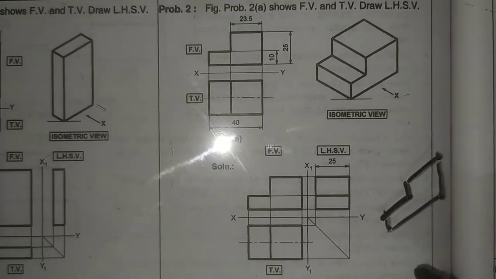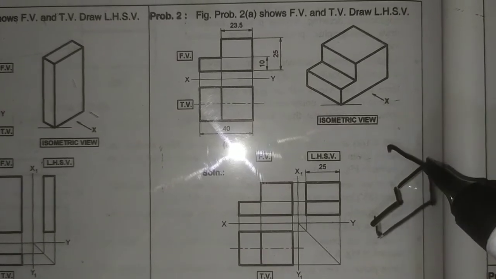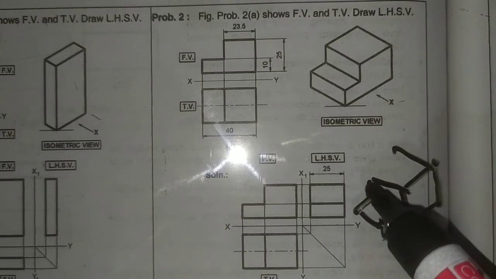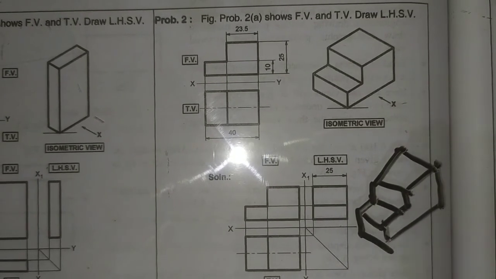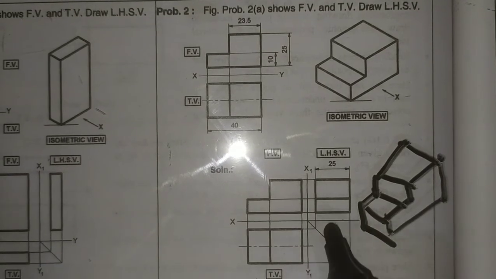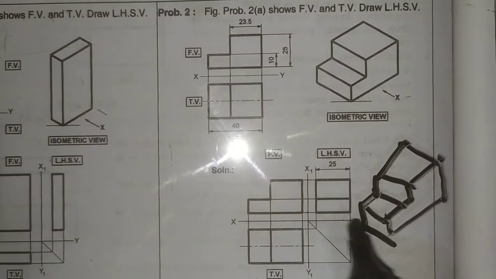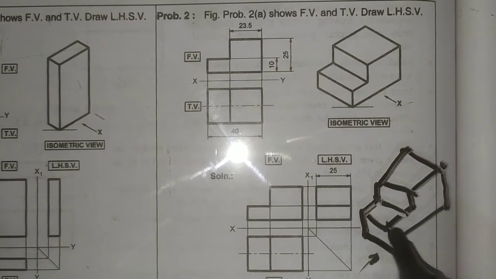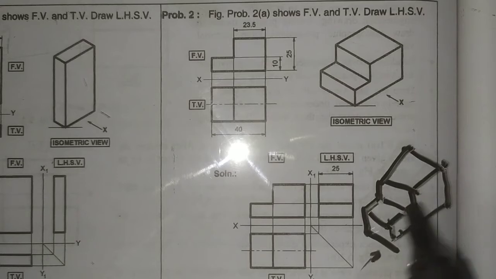Now what is your top view here? This is your top view. Automatically the side view will be there. Here we have to transfer these lines. For this edge, if you observe, this is the line, this is the line, this is the line, this is the line that is shown.